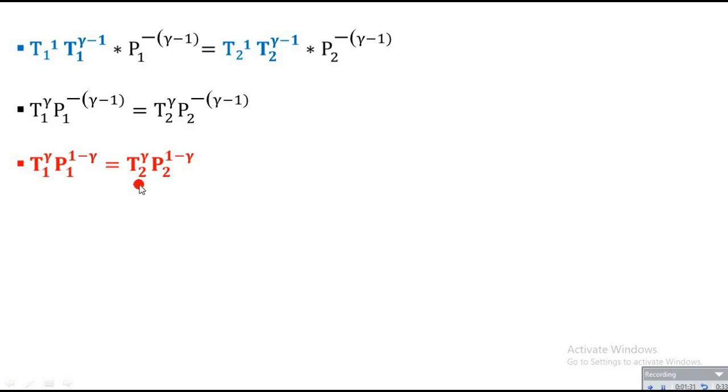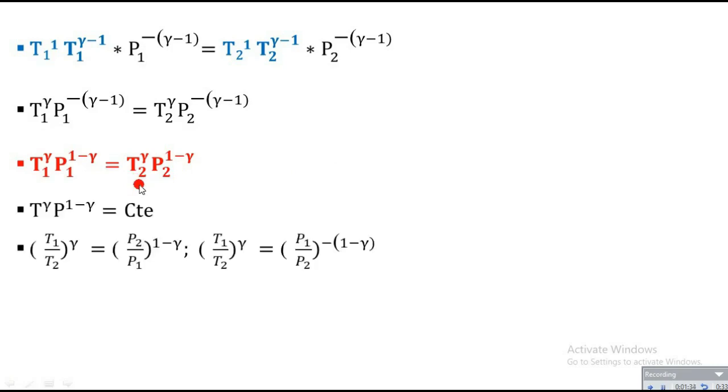So we can also rearrange this equation. Remember, here we have T1 over T2 power gamma. If we rearrange, it is equal to P2 over P1 power 1 minus gamma. Then we can reverse this one.